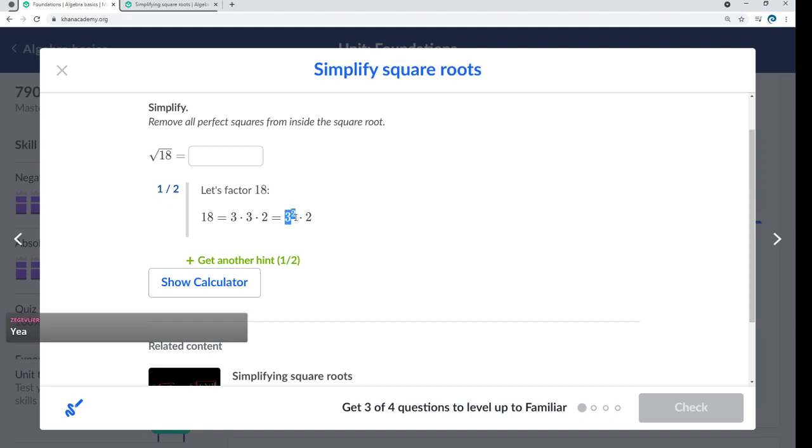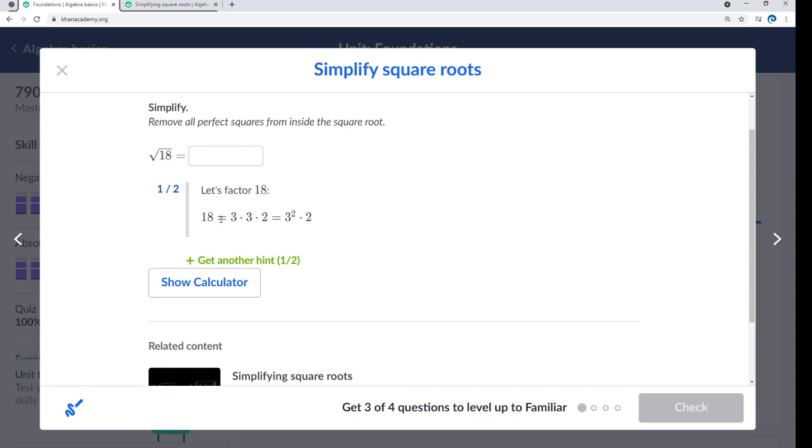So it's 3. Okay. Got it. So within the square root of 18, I actually do remember this from a long time ago.